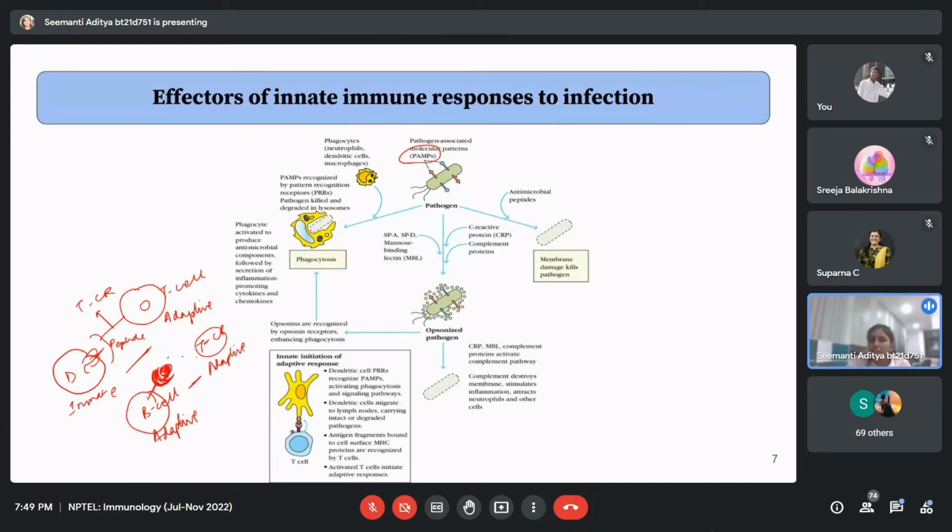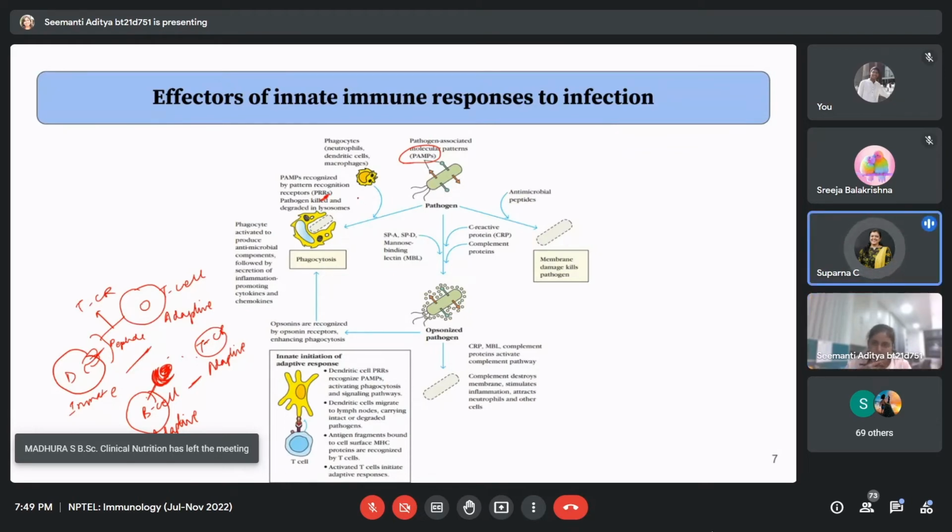I have to check whether B cells also recognize PAMPs, because as far as I know they are only recognized by PRRs from the macrophages and dendritic cells. So that means the B cells identify the antigen only by the antibody present on their surface.